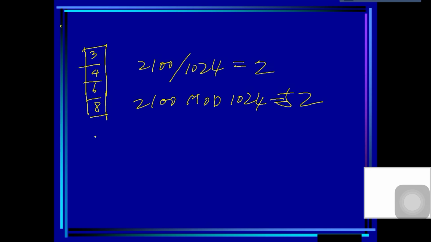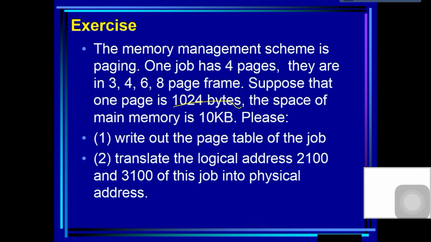So that means logical page 2 is loaded into frame page 6, and the starting address for frame 6 is this one, and we add the page offset, we get this one. And as for the other address, it's the same.